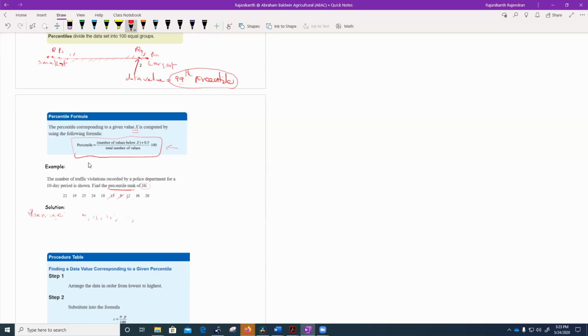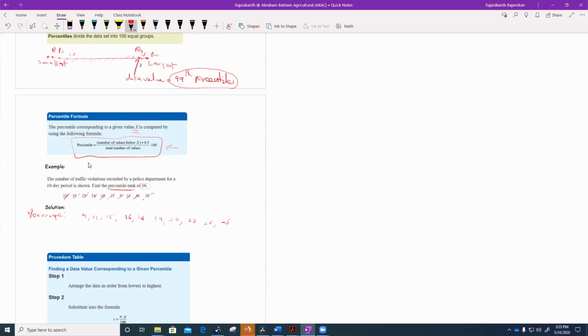Then 18, 19, I see 20. Then 22 and 24. And the last one is 25. So remember, I need to have 10 data values. After rearranging, make sure that you covered all the data values. 1, 2, 3, 4, 5, 6, 7, 8, 9, 10. Yes, I have written all 10.